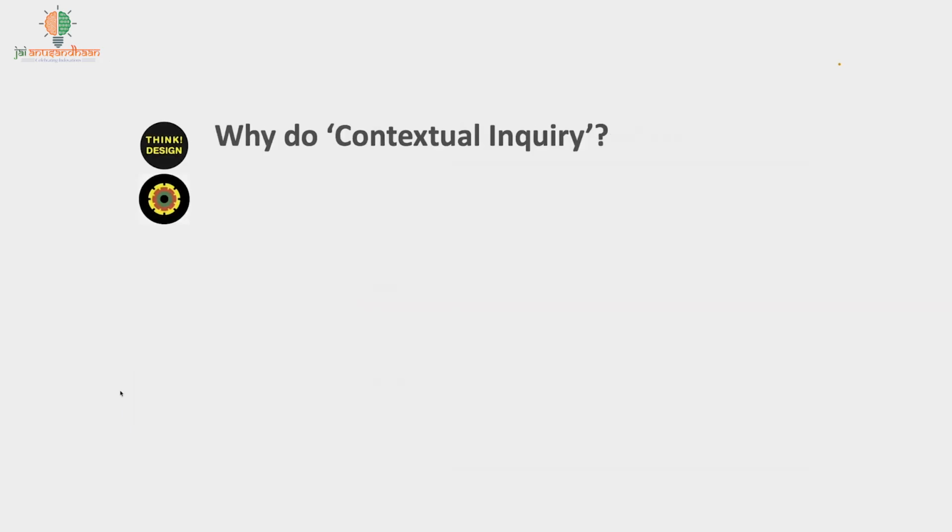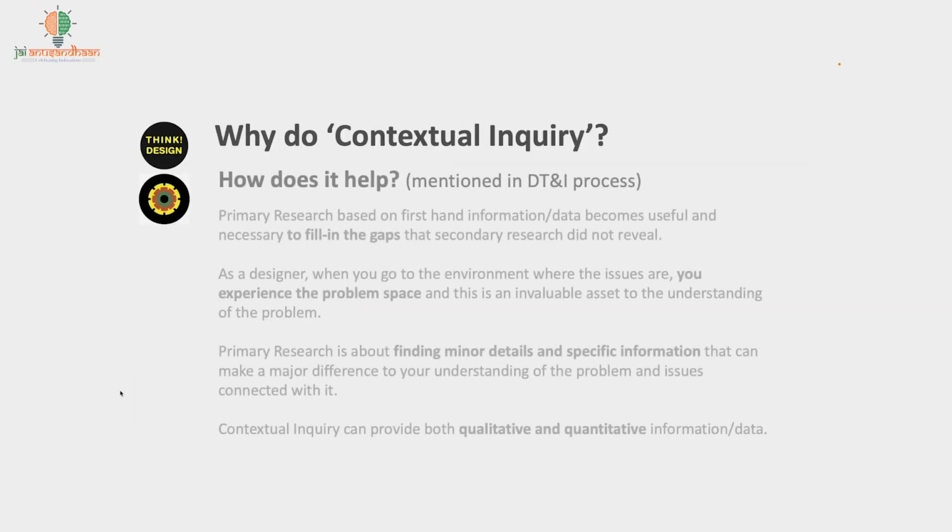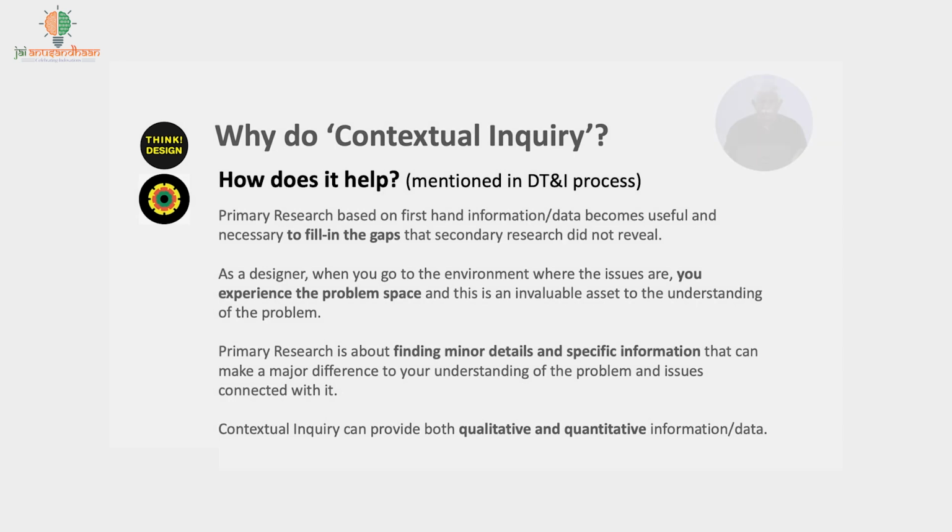So let's look at why you do contextual inquiry. How does it actually help? You realize that primary research based on first-hand information fills in the gaps of the secondary research. As a designer, you go to the place, you look at the activity, you experience the problem space, and this is a very, very important and valuable asset for understanding the problem.